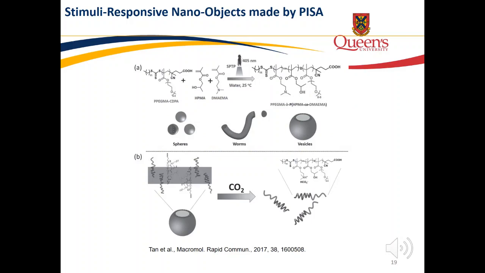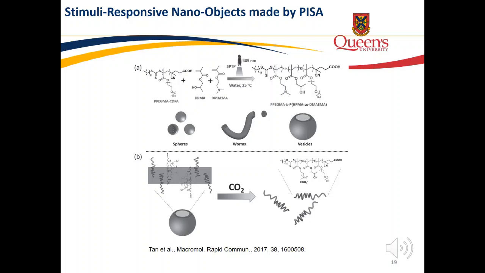Here's an example of a CO2 switchable system from Tan et al., and they make this polymer shown in the top row first of all. So they take a PEGMA-based RAFT agent, and then they add a water-soluble monomer, and then they have this DEAEMA. And DEAEMA is a tertiary amine containing monomer.